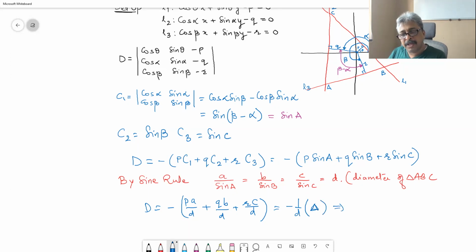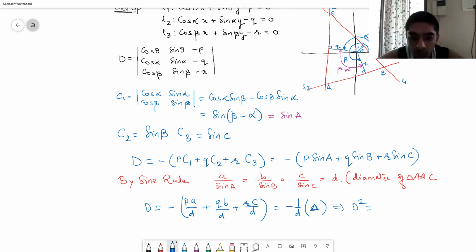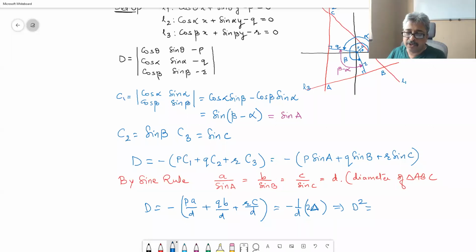Right? This implies D square. In our final formula, it is determinant square. Is this correct, or 2 delta? 2 delta? D square is equal to 4 delta square upon this. That is one part of the story.